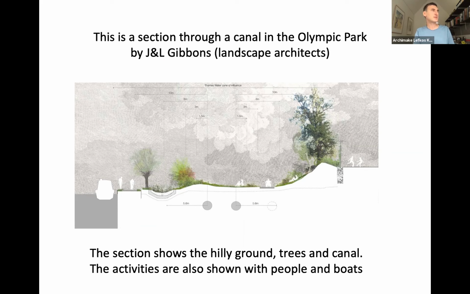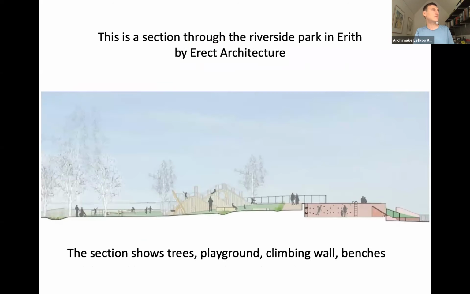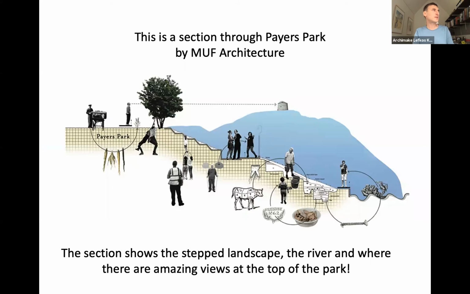The second example they can choose to copy is of a riverside park in Erith. It's got playgrounds, climbing walls, trees, people. So hopefully things they'll enjoy sketching. And the third one is Pears Park by Up Architecture, this steps park. What's nice about this is that it shows the relationship between the height of the ground and the views you can get, as well as archaeology and so on.